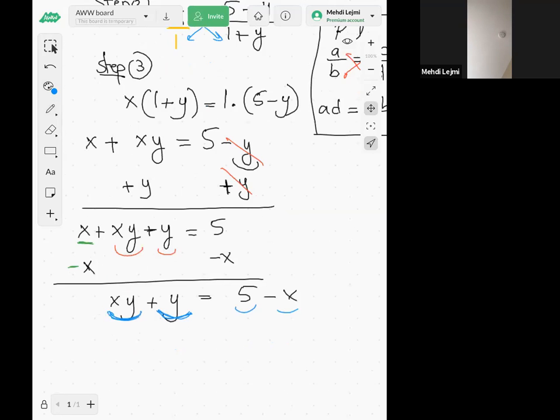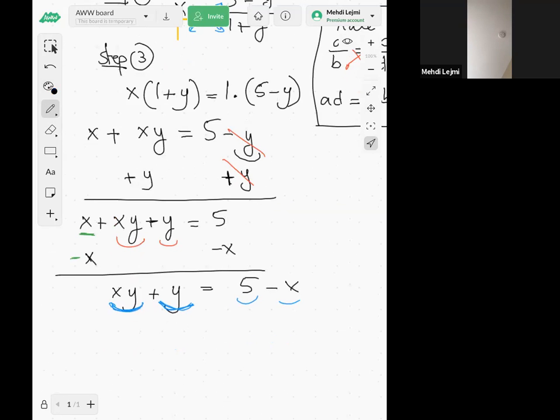So if you factor out y, you get y times x plus 1, because y is equal to y times 1. So y times x is xy, plus y times 1 is y, and it equals 5 minus x.